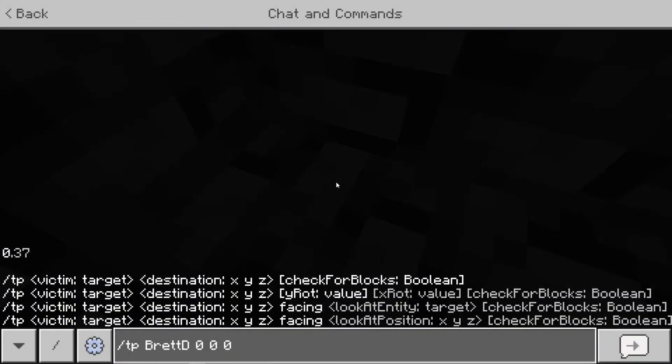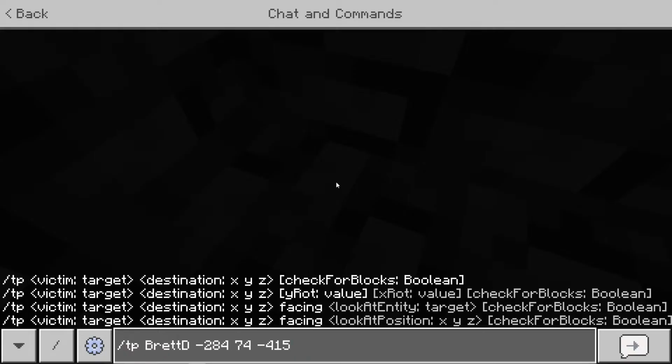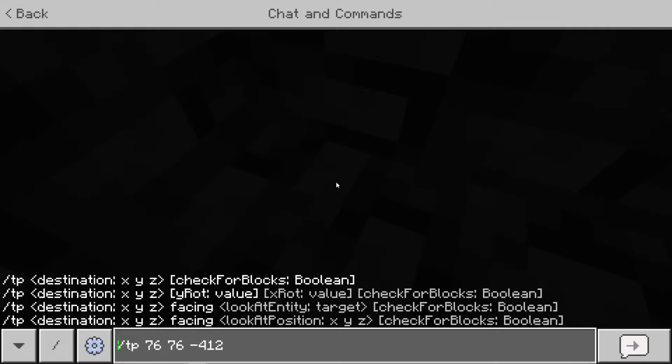Okay, we gotta get back to where. I don't remember the coordinates. What was it? I think that's the closest we're gonna get right there.